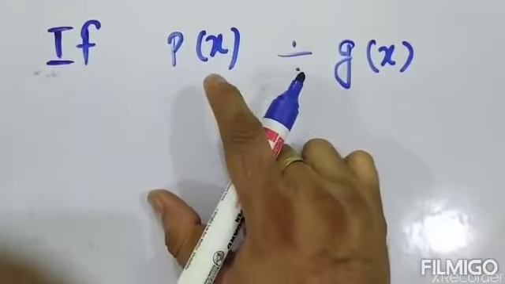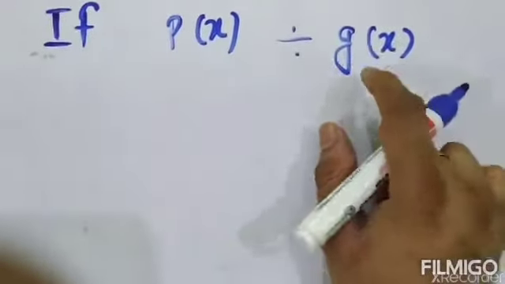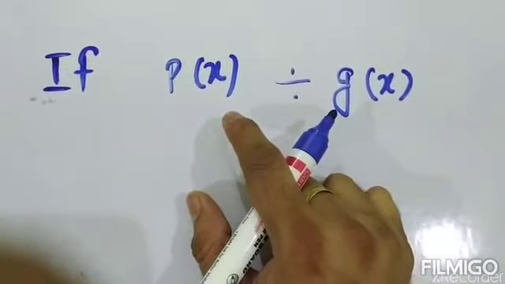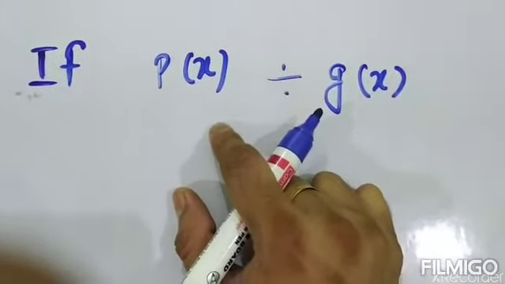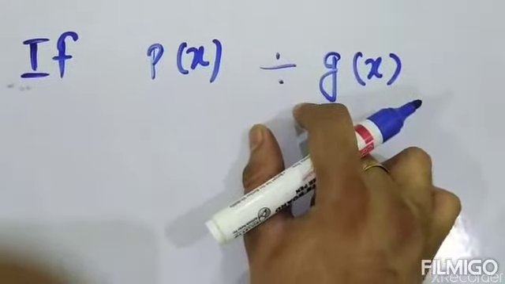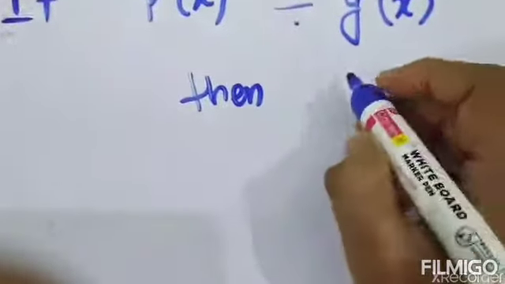The degree of P of x is higher than the degree of g of x. So, if we divide one polynomial P of x by another polynomial g of x, then what will we get?